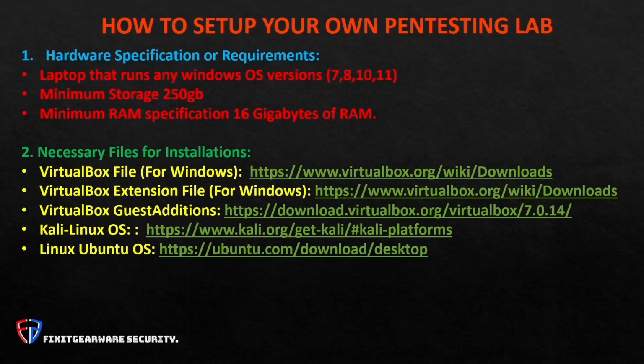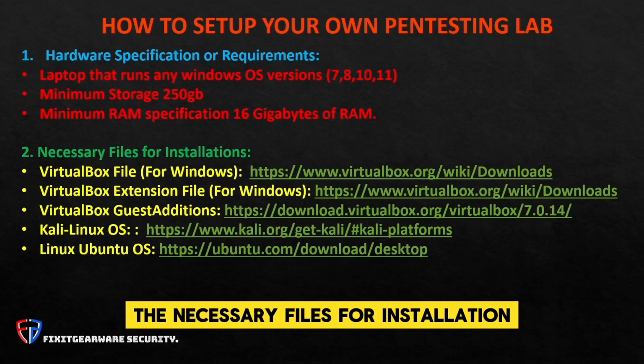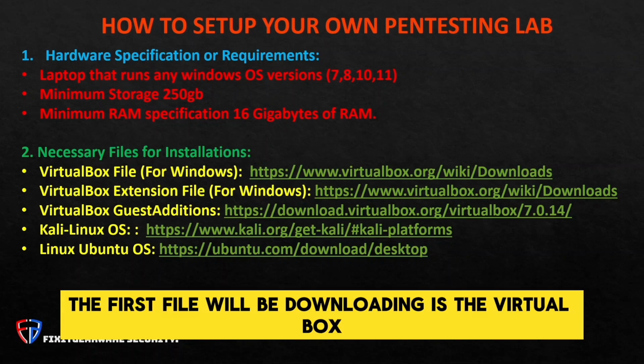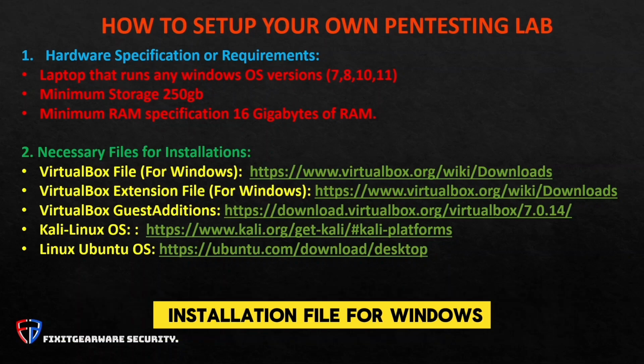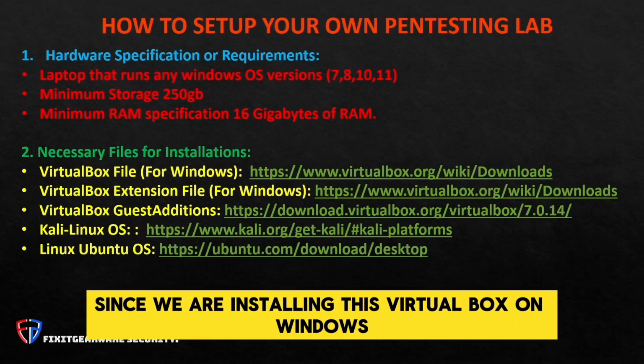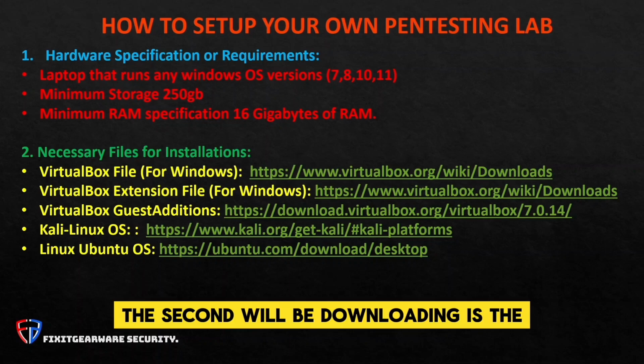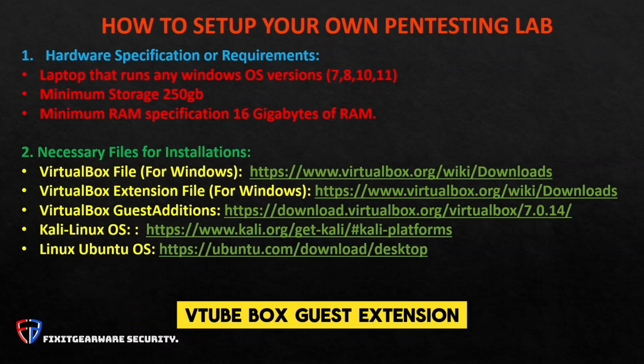The second point is the necessary files for installation. The first file we'll be downloading is the VirtualBox installation file for Windows, since we are installing VirtualBox on a Windows machine. The second is the VirtualBox extension pack.